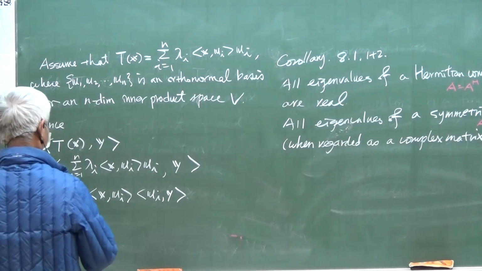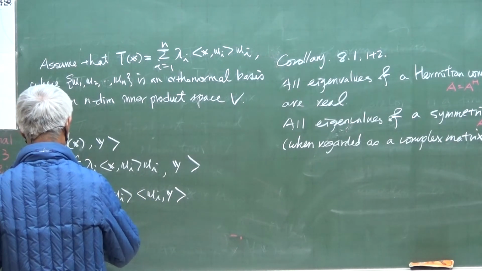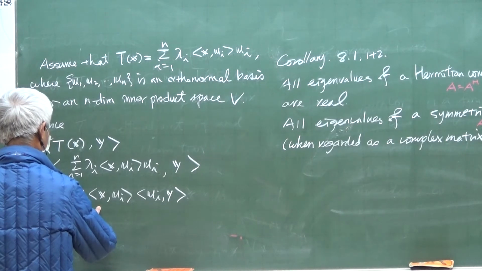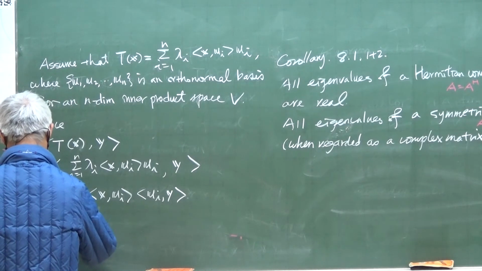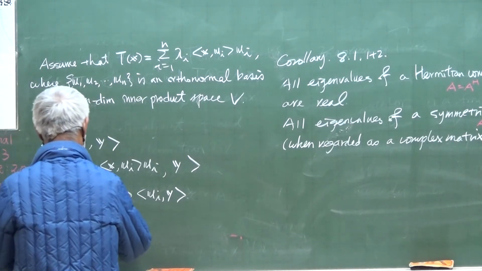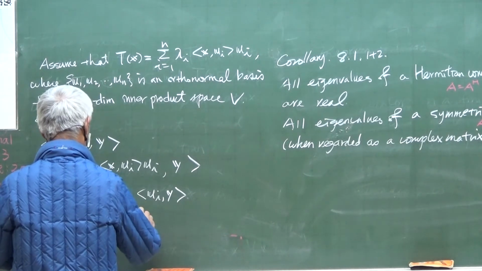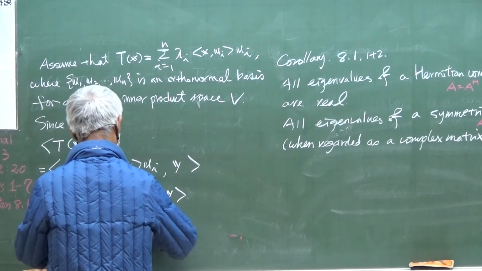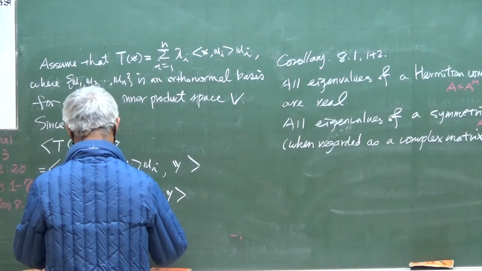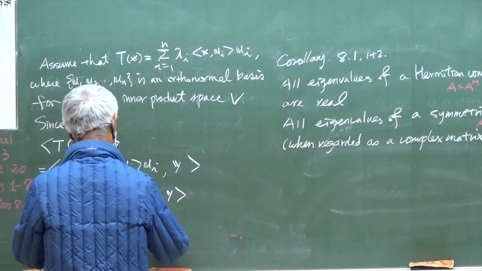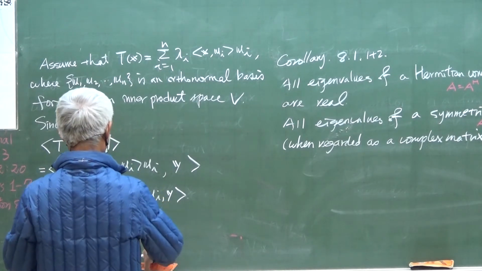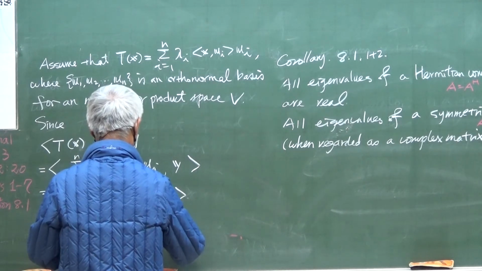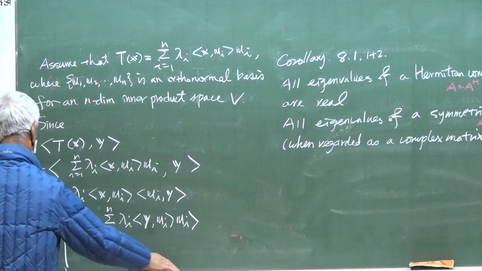then, alright, so we will have this. So this is <x, ...> the summation i from 1 to n of lambda_i <u_i, y>... and if we exchange them, we will have... okay.